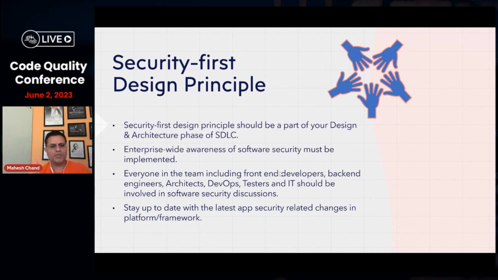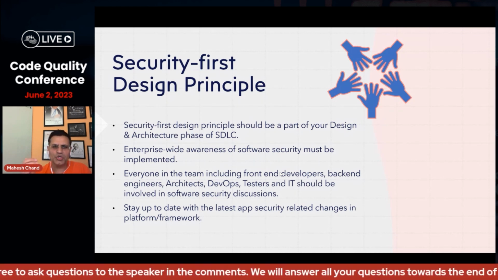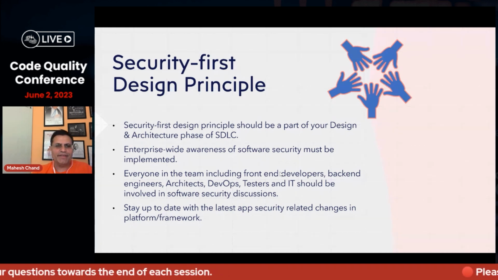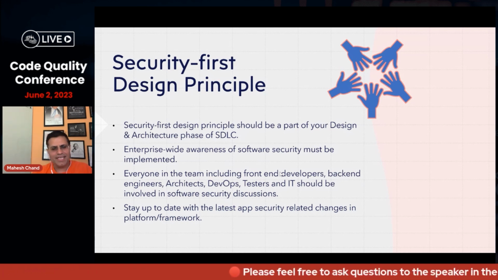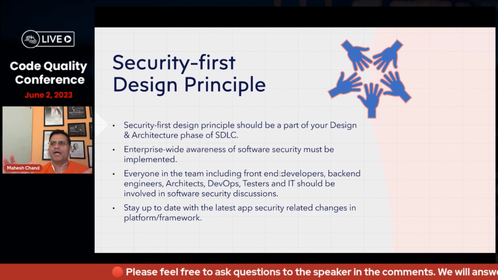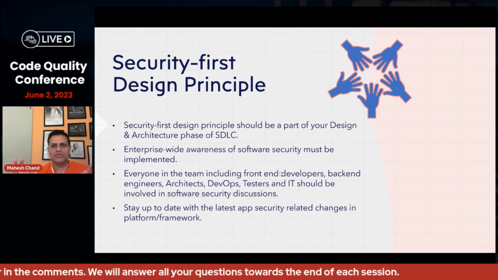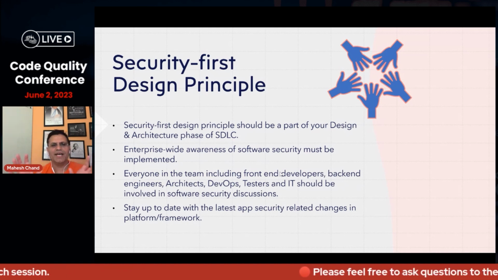So anyway, the first point is that when you are designing and architecting a new product, you need to think about security at that point and make it a part of your design and architecture phase. Second, enterprise-wide awareness of security is very important. What I'm seeing again and again, and we all are seeing, is that the entire enterprise does not know, care about, or understand security. Everybody, at least in your IT team, should know, whether it's a backend developer, front-end developer, engineer, architect, DevOps, tester, even IT staff.